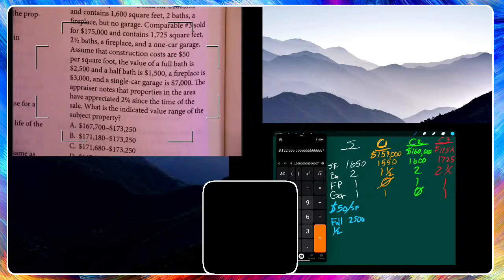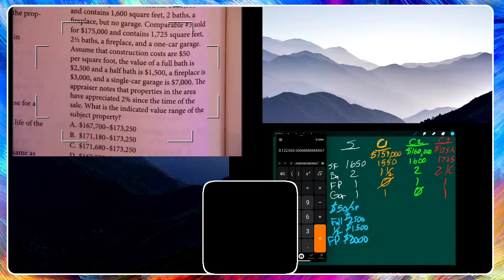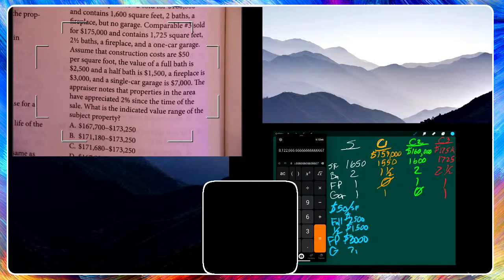Half bath is $1,500. Fireplace is $3,000. And a garage is $7,000.